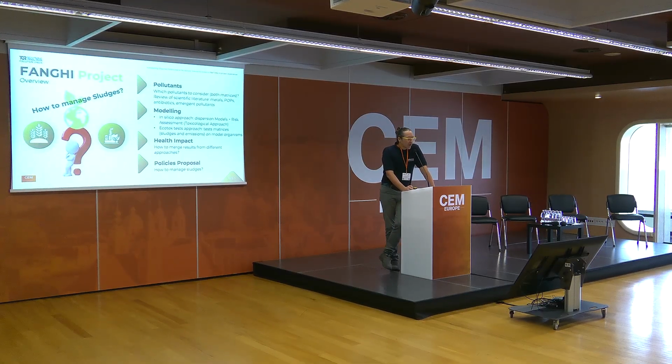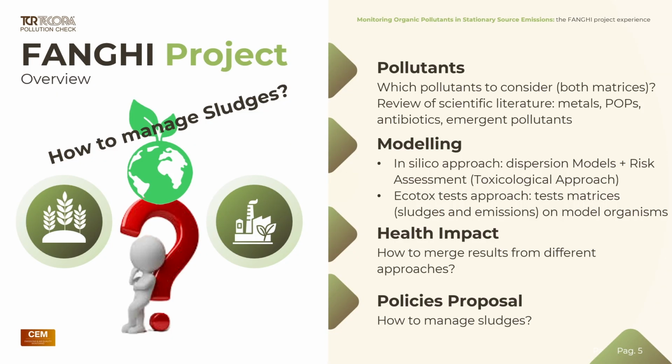So, the main question of the FUNGI project is how to manage the sludge. The starting point, of course, is to define which pollutants must be considered to produce a reliable evaluation. Of course, a review of scientific literature was necessary: heavy metals, persistent organic pollutants, antibiotics, and emergent pollutants such as PFAS, for example.